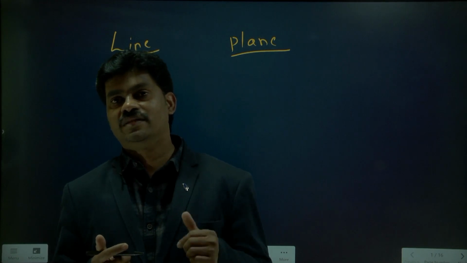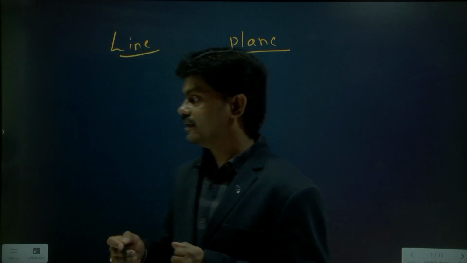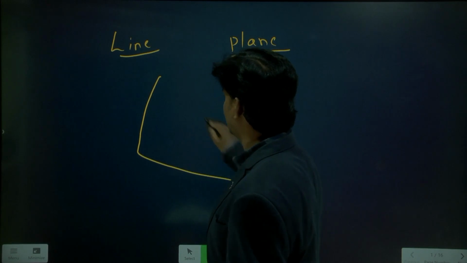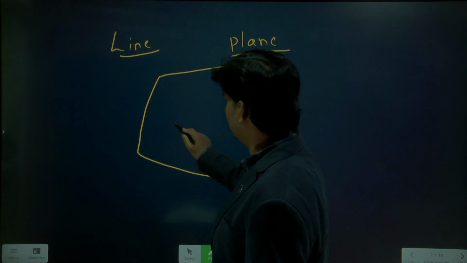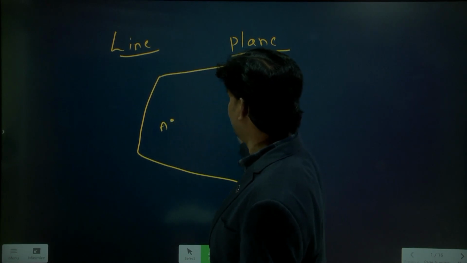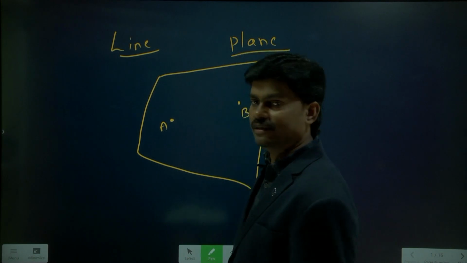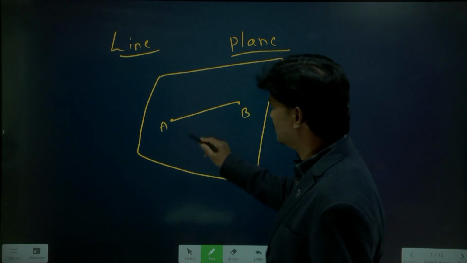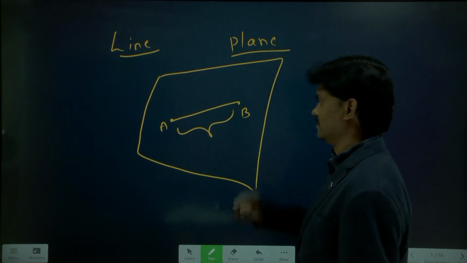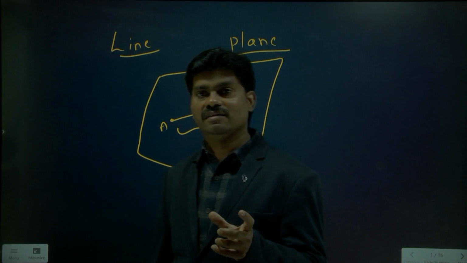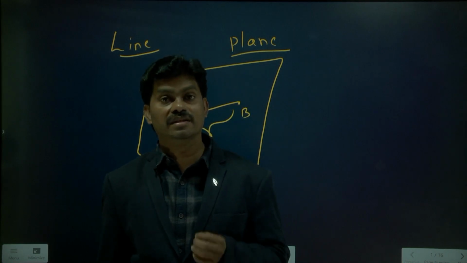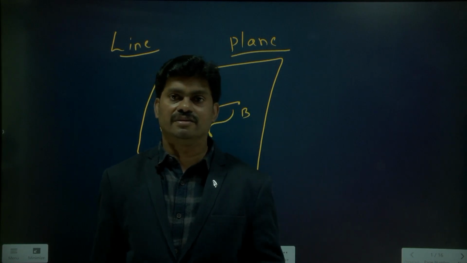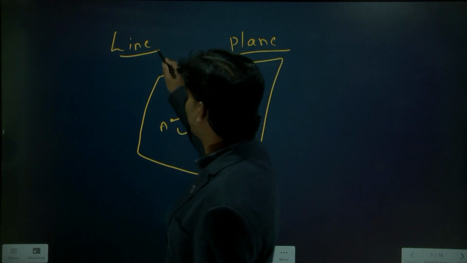To define line segment, I want to go through the plane. So I will take a plane here. It's a plane, and I am taking a point A here and a point B here, and I would like to join these 2 points. This definite length, the definite length means we can measure the length, that is called a line segment.